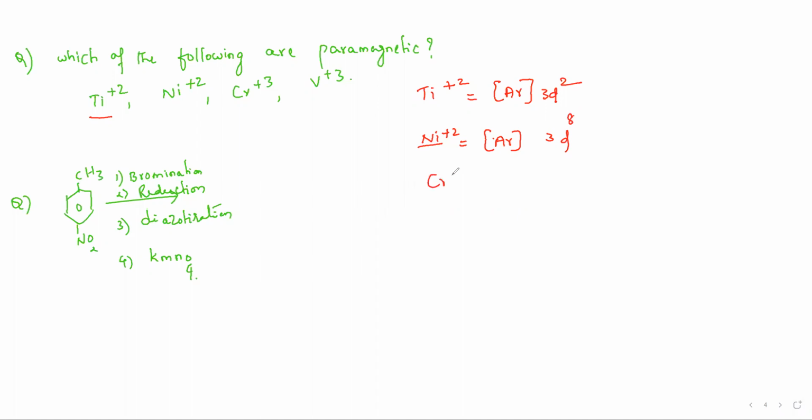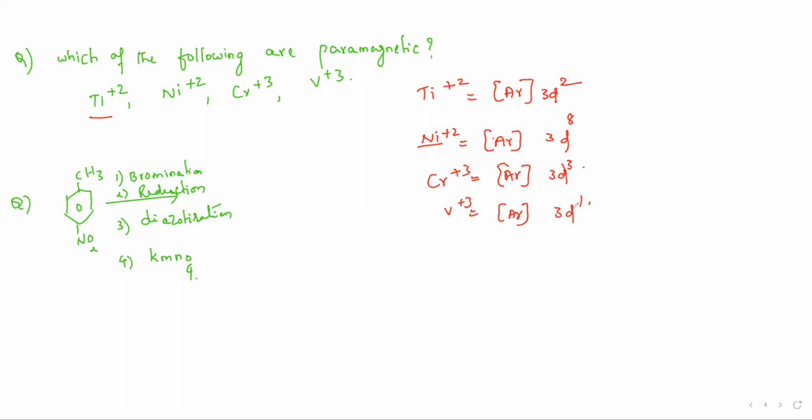Similarly Cr +3, atomic number 24, argon. The resultant configuration I am writing: 4s1 3d5. From that, if you remove 3 electrons you will get 3d3. Similarly vanadium +3, here argon 3d1.